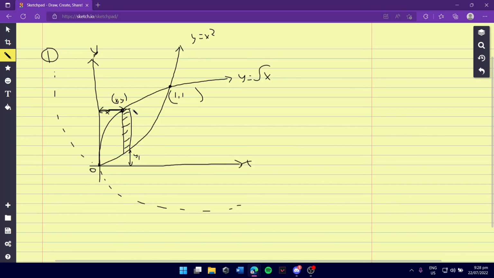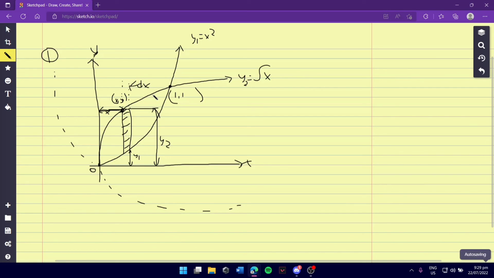Then from the second curve to your x-axis, call this your y2, right? Next, the thickness of the vertical strip is called your dx.